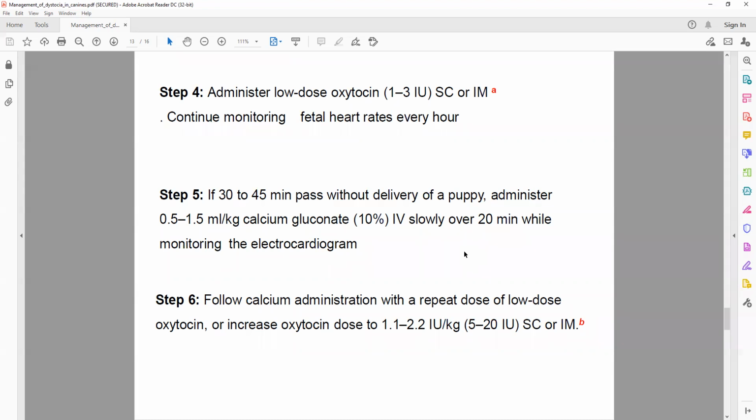It should be very slow, because as and when you give calcium, it causes tachycardia. When the tachycardia goes beyond the limit, it is very fatal. If you give a rapid bolus of calcium through IV, it causes tachycardia and instant death, cardiac arrest.